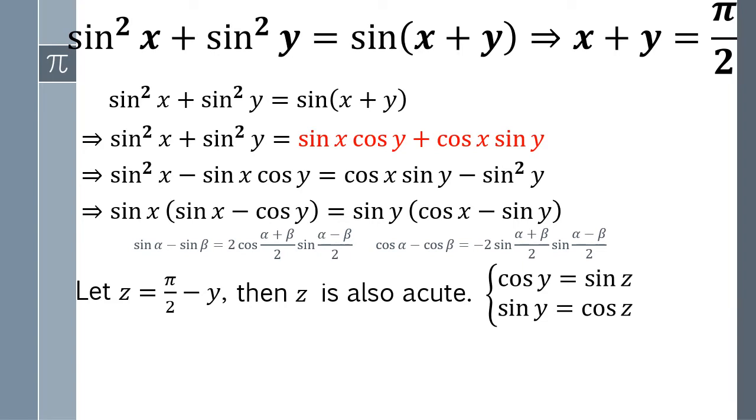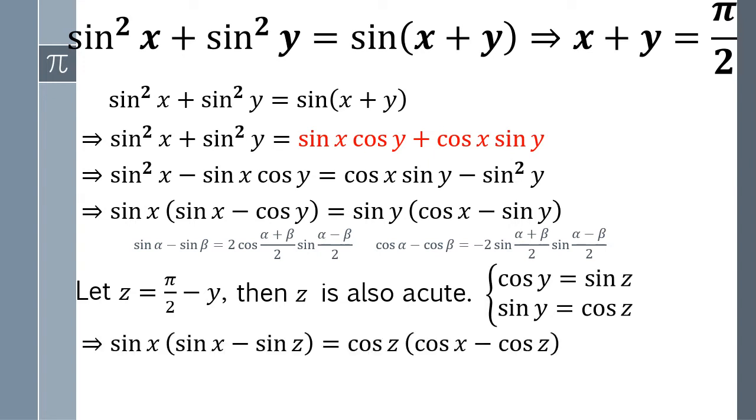Now, this equation becomes sin x times (sin x minus sin z) equals cosine z times (cosine x minus cosine z). Now we can apply the sum to product formulas.